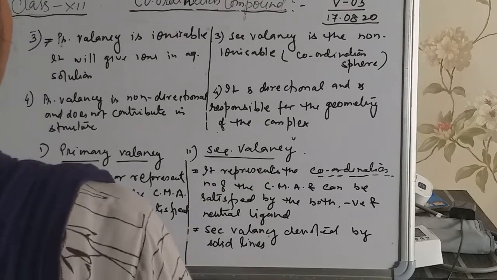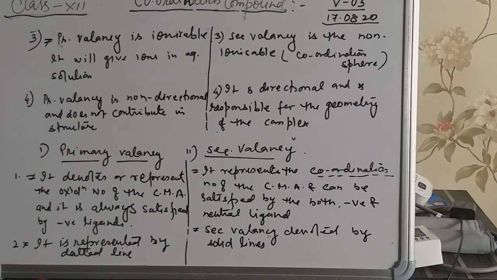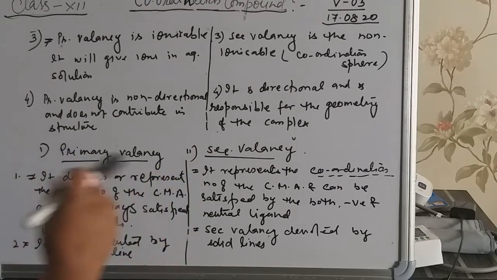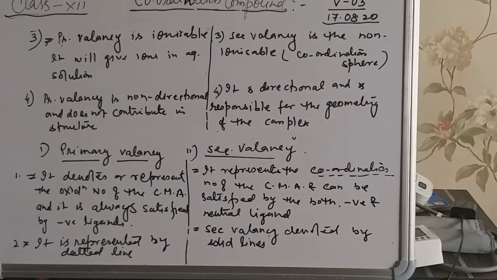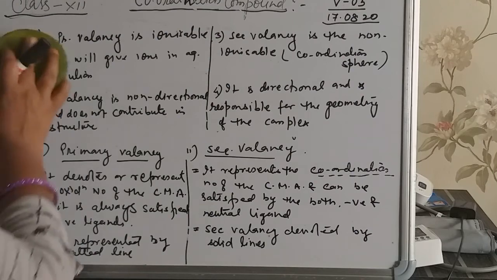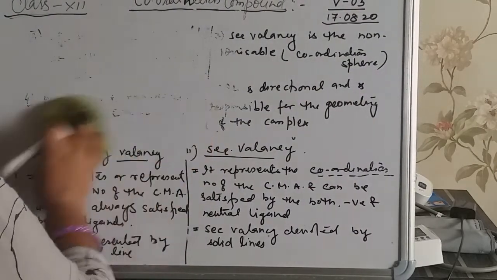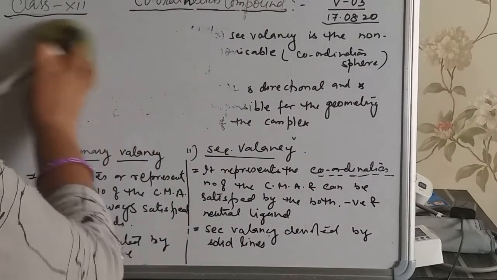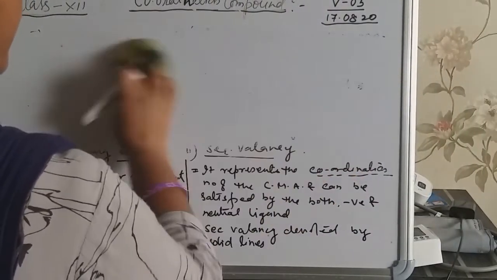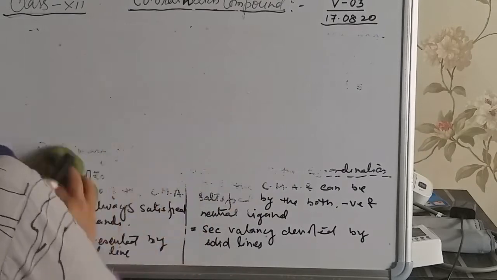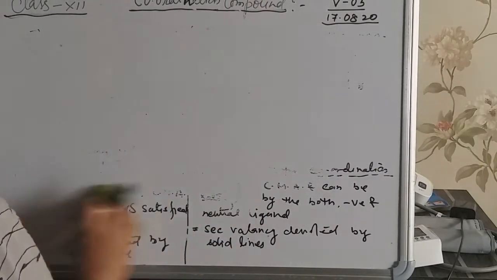Next we see how Werner found out the formula of the complex on the basis of primary and secondary valency. So Werner took cobalt chloride and ammonia and treated it with excess silver nitrate.